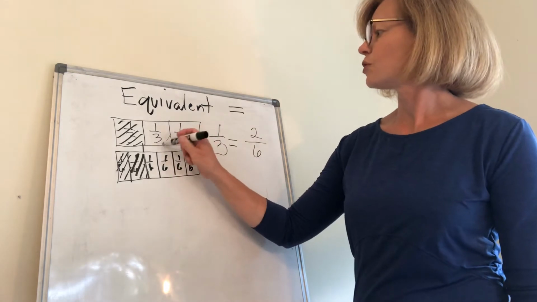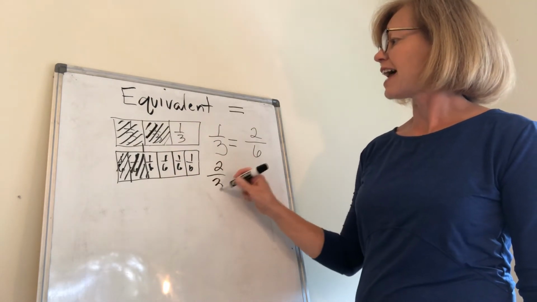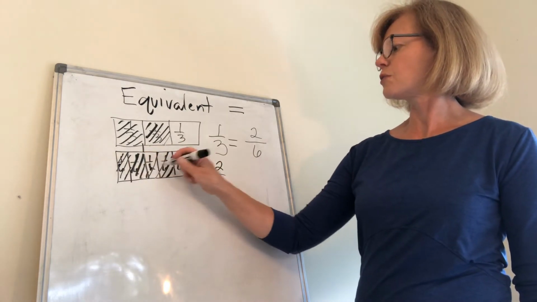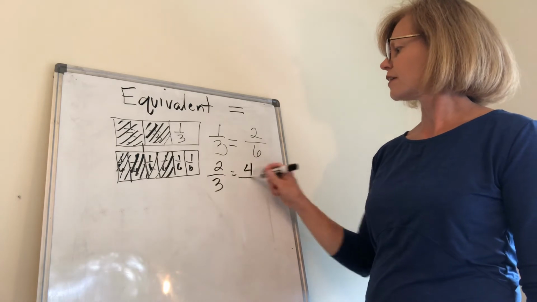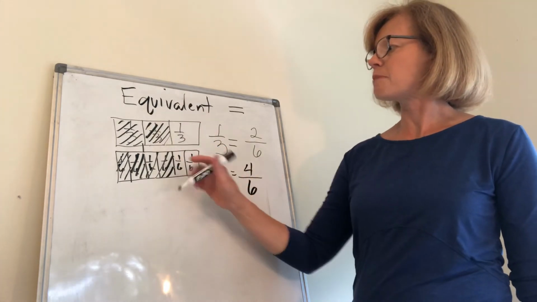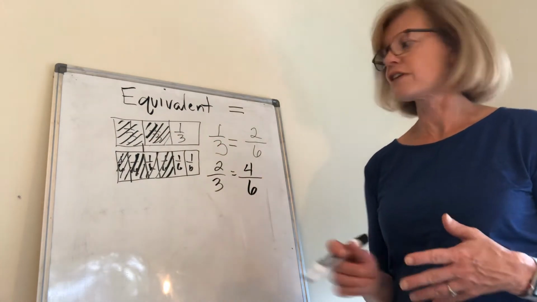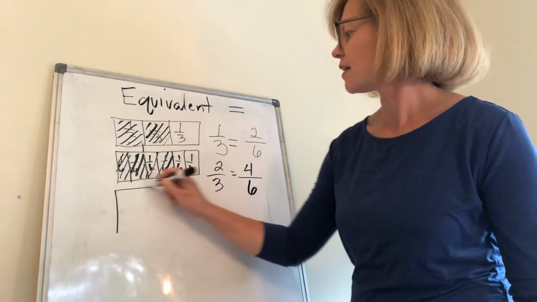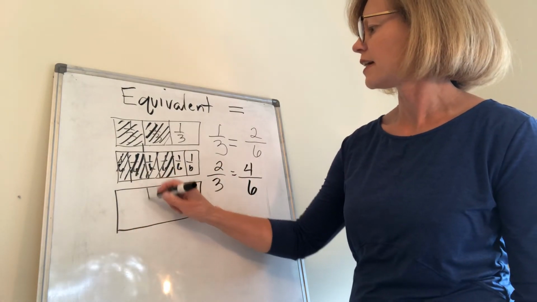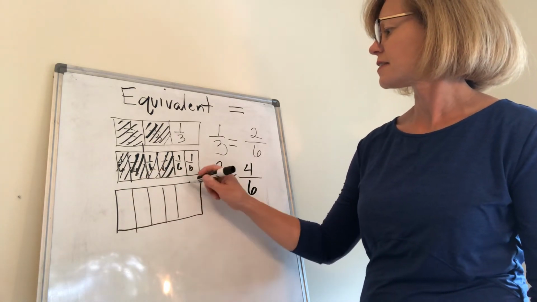What if I have 2/3? 2/3, that is equivalent to 1, 2, 3, 4/6. So you can see by making a model, I can find equivalent fractions. Let's take our same model here, and we had it divided into thirds, and then we had 6ths.